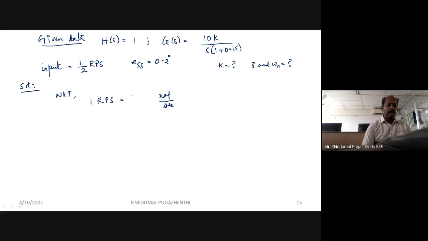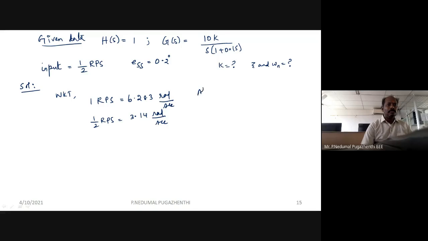Radians, okay, or anybody remembers that? 6.283. So it is provided as half RPS. If you convert that into radians per second, it is going to be 3.14 radians per second. Okay, let us have this data.